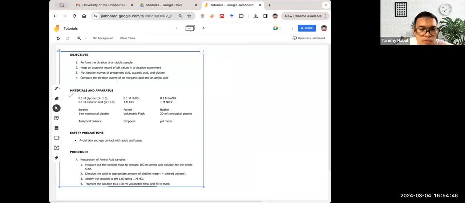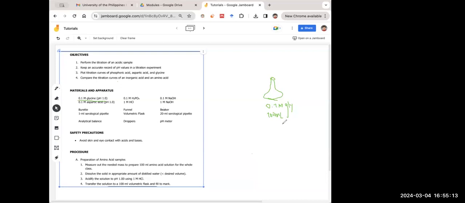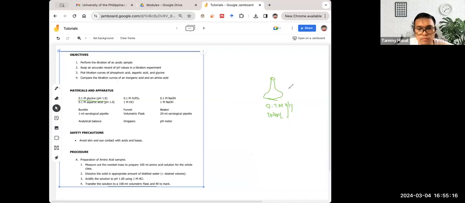So if we want 100 ml of 0.1 M glycine, the volumetric flask says the solution inside is indeed 0.1 molar glycine with a volume of 100. Now you get why we say 100 ml of 0.1 molar glycine, because that's what the flask is for. So, for example, is this the same with this?